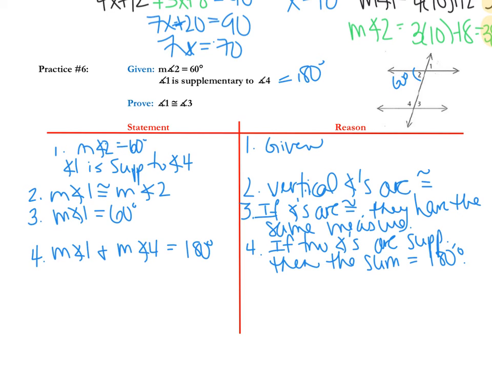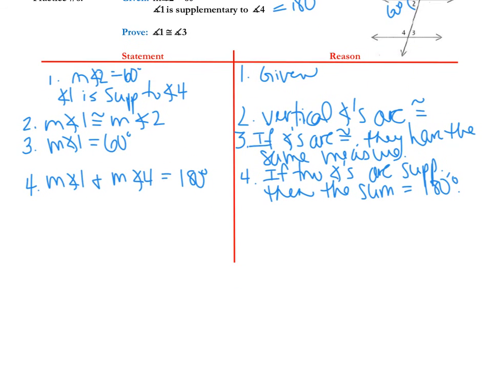Okay. So can I find some information now about angle 4? I can, because we know the measure of angle 1 is 60. So measure of angle 4 equals 120. And we just say by subtraction.